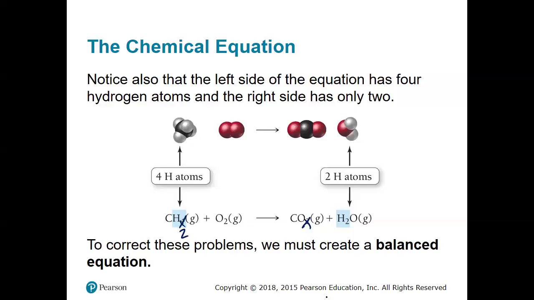Problem is that doesn't work. And the reason it doesn't work is because we know that changing the chemical formula of something also changes its chemical identity, also changes its properties.